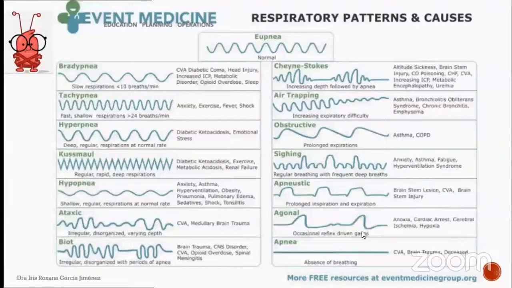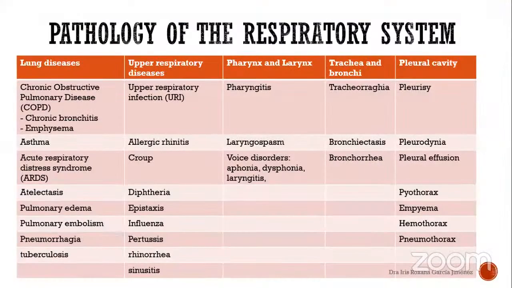Now, the chart I was showing, the respiratory system, the most general ones, according to the lung diseases: upper respiratory diseases, pharynx and larynx, trachea and bronchi, pleural cavity. Please check this information, how it is written down, how we must consider the classification maybe, or for example, in the COPD, which pathological situations are involved.